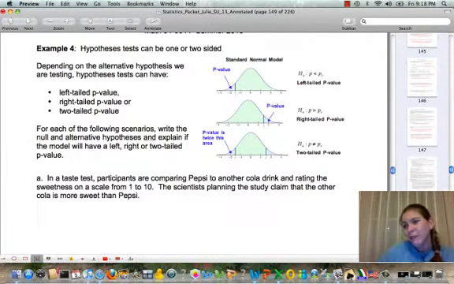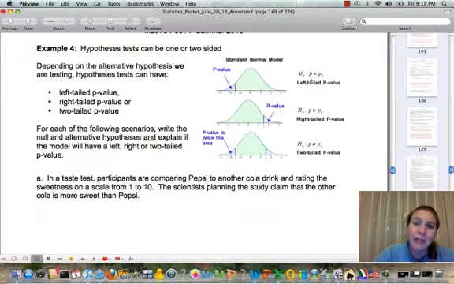So here in example 4, we see that hypothesis tests can be what we call one- or two-sided. So depending on how the alternative hypothesis is written, or which alternative hypothesis we're testing, there are choices for the hypothesis test results. So the hypothesis test could have a left-tailed p-value. That looks like this first example where the p-value is off to one side.